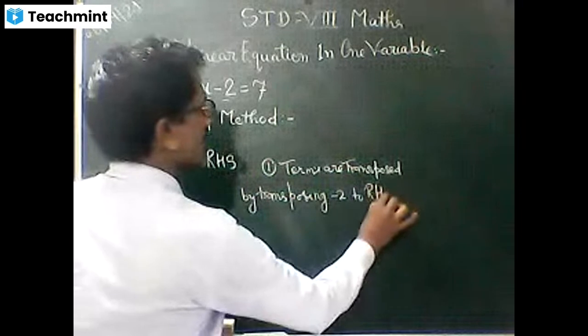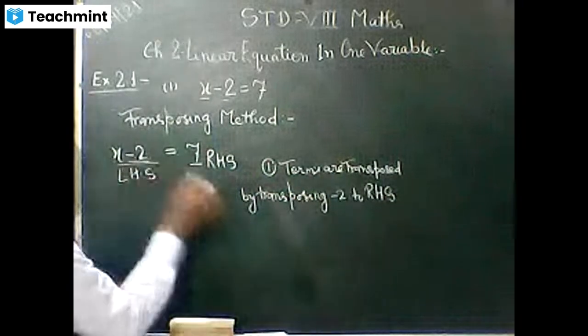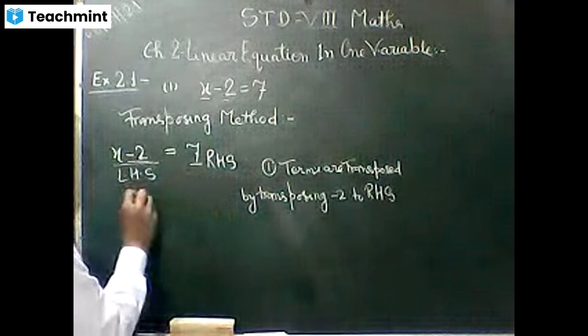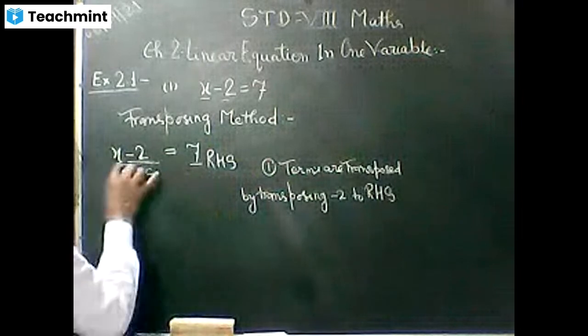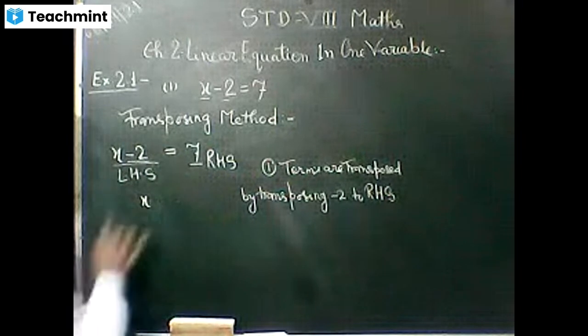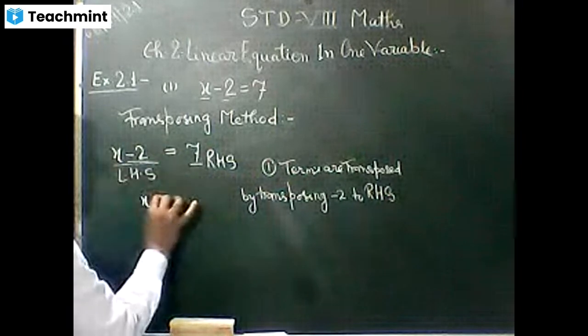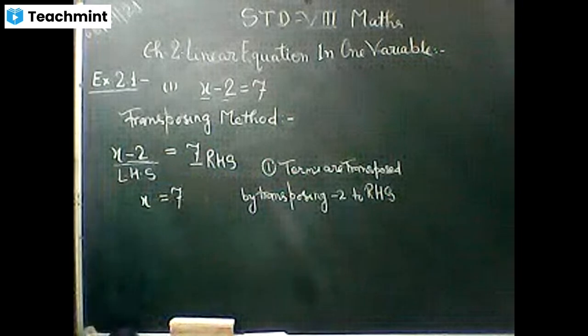As it is starting, so we are writing it easily. If we transpose it, we know from our class 7, then it remains only x, because minus 2 is transposed. And here this is our 7.